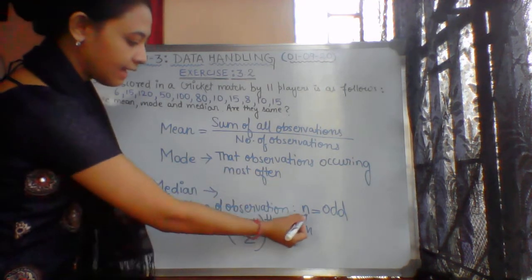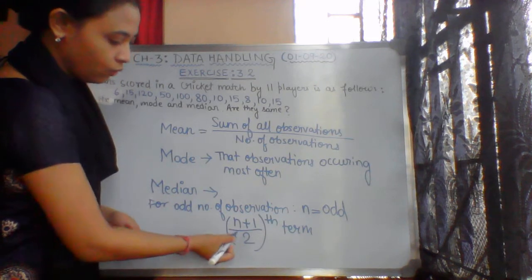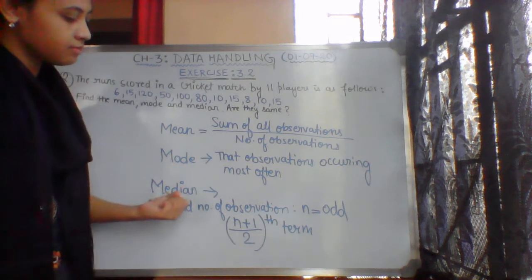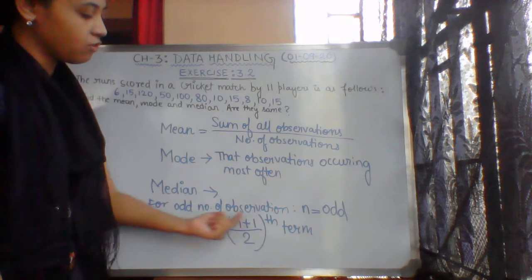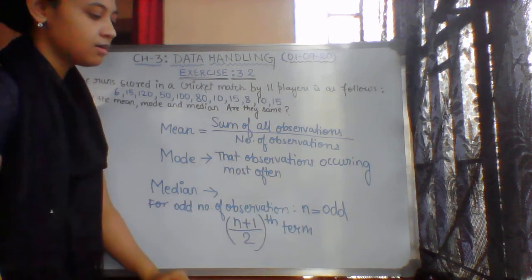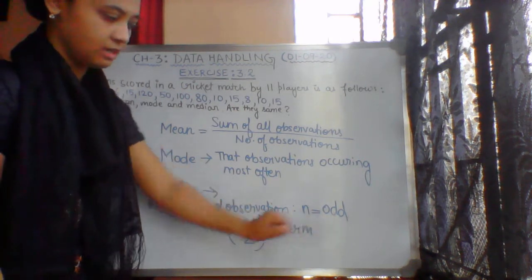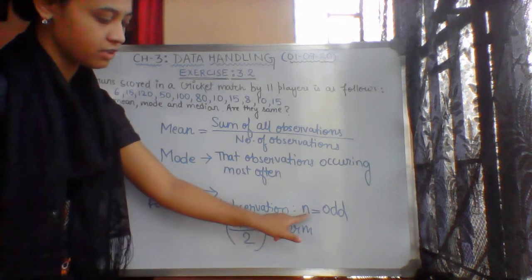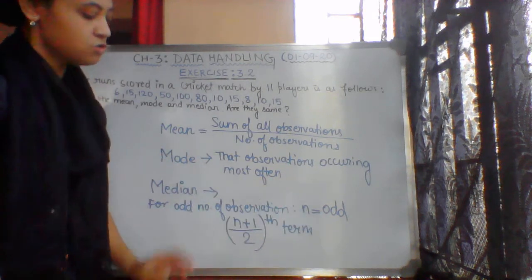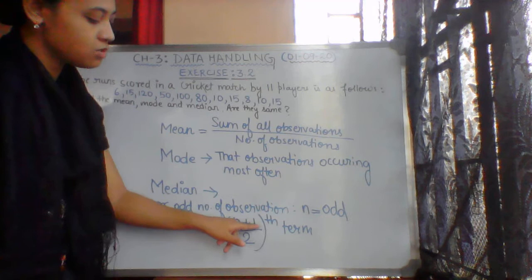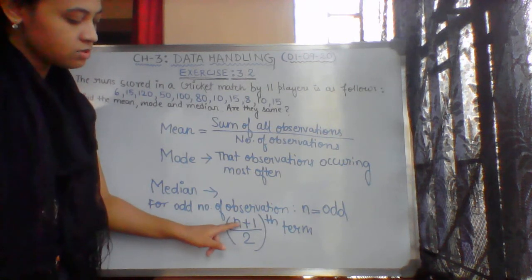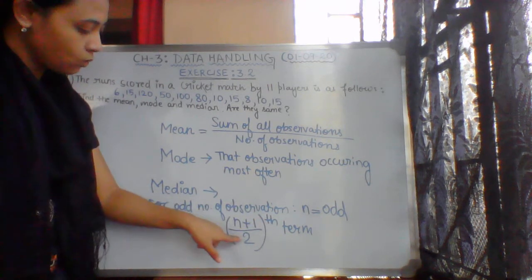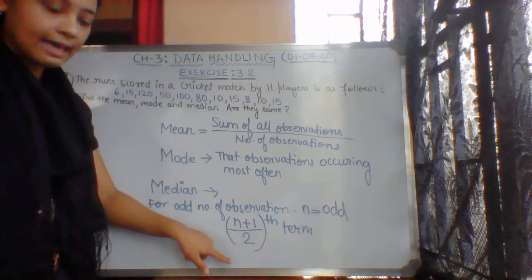That term will be the median, not that value. After putting the n value, let us consider the total number of observations be 15. So n equals 15. So you will write 15 plus 1 by 2. So 15 plus 1, 16 by 2, that will come 8.